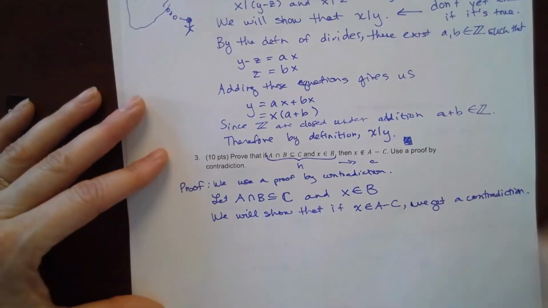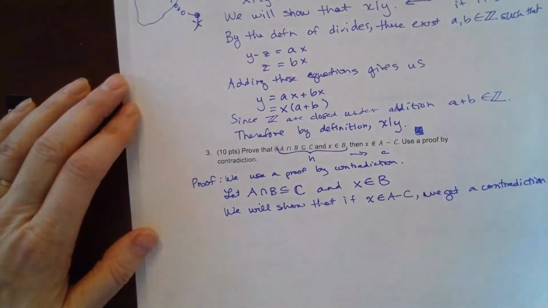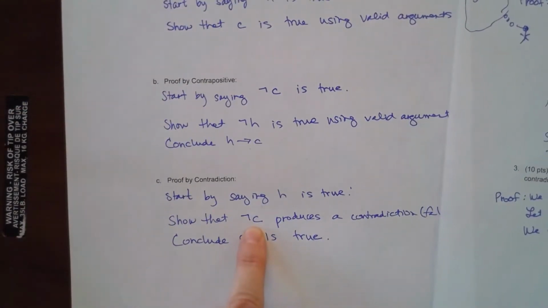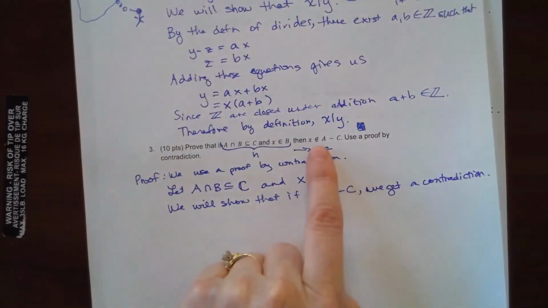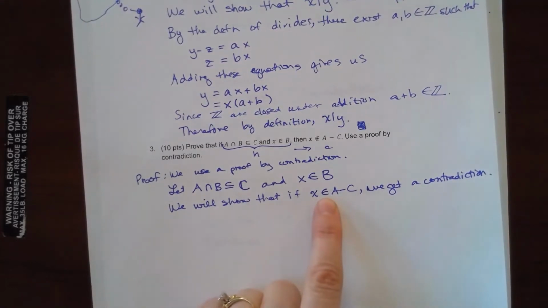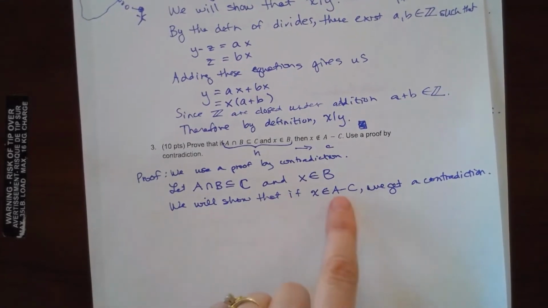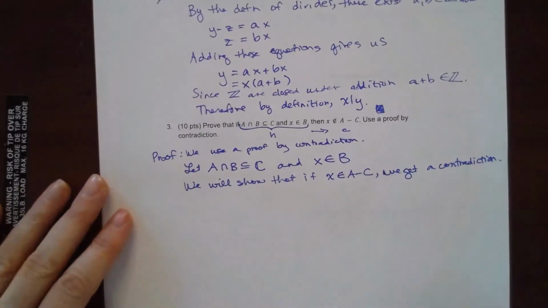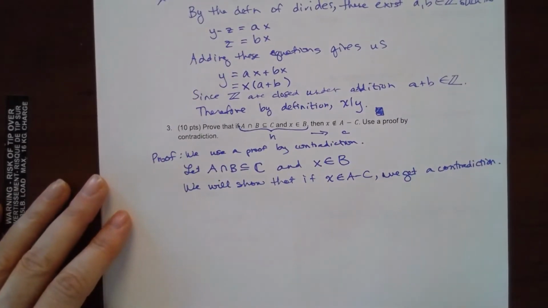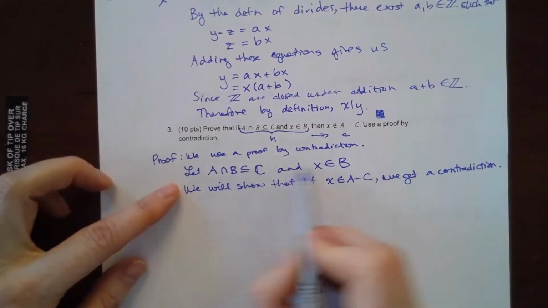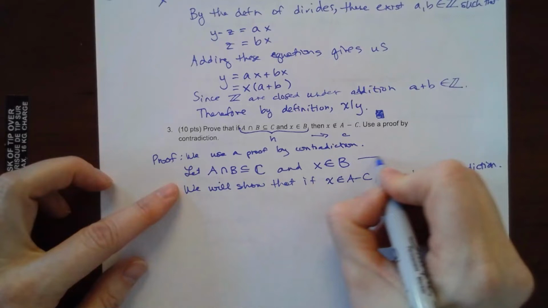That can at least remind you of what you're setting out to do. We're going to show that if I take the negation of the conclusion, so here's the conclusion, x is not an element of A minus C, so there's the negation: it is an element of A minus C. If I have that, then I'm going to get some kind of contradiction. So we already know these two things right here. We know these are true.